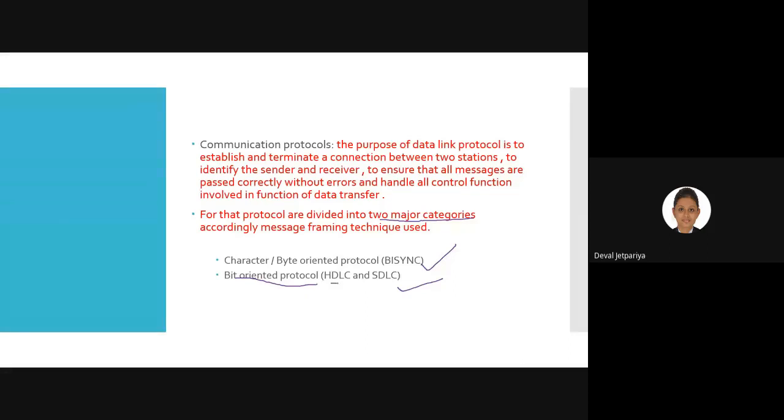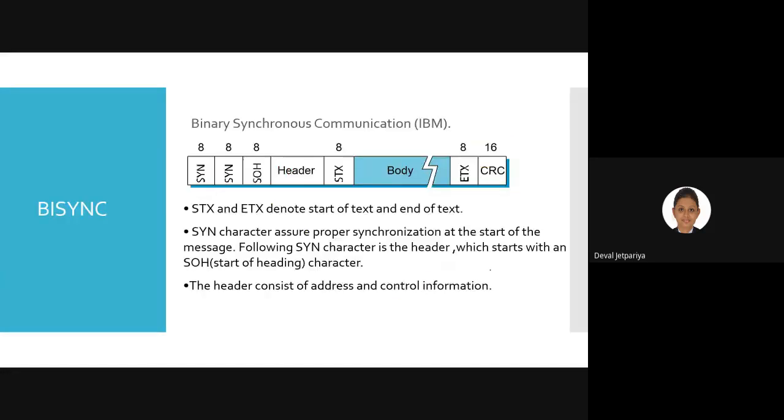The bit oriented protocol is called HDLC or SDLC, and the byte oriented protocol is called BISYNC. These two slides, you simply need to remember, right? You just need to understand; you are not required to go in depth, just the format of this particular protocol and its different fields.